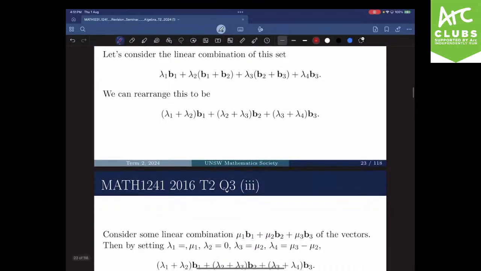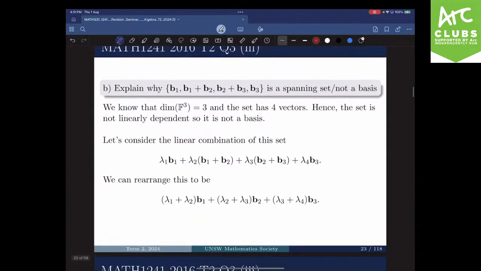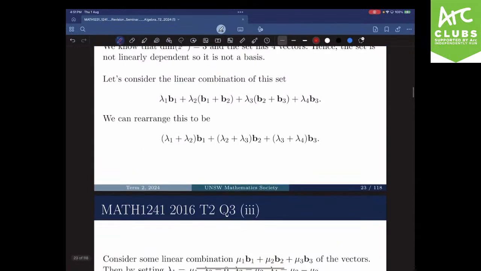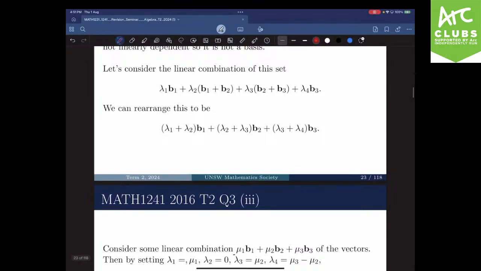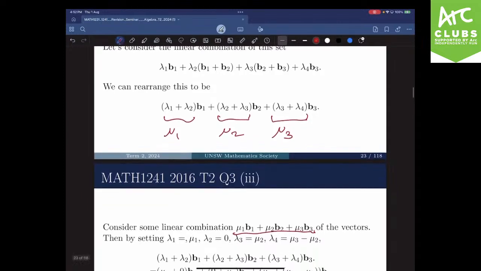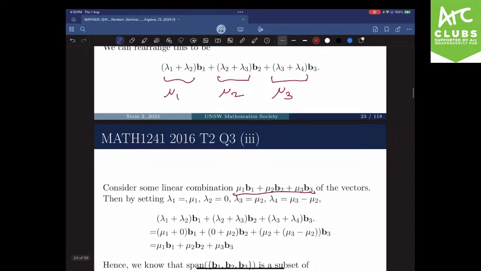So now we're trying to show that for some arbitrary linear combination, mu1 b1 plus mu2 b2 plus mu3 b3, we can get that this is equal to mu1, this is equal to mu2, and this is equal to mu3. Well, how would we do this? We just consider some magic substitutions.